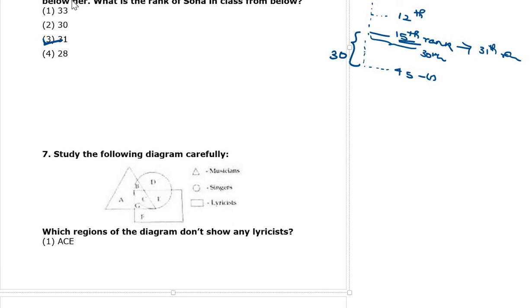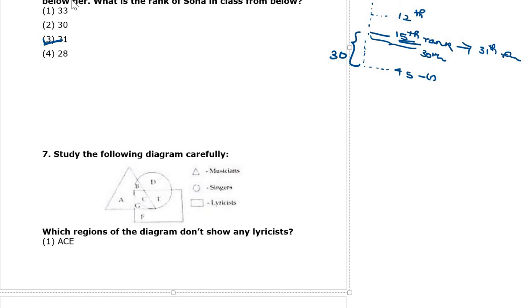Next, 7th one, study the following diagram. Okay, so the triangle represents musicians. The whole triangle represents musicians, and in between also it is given. Which is common to these two, that is B, this is C, this is G, like that it is given. So A represents only this portion. The circle is singers and lyricist.